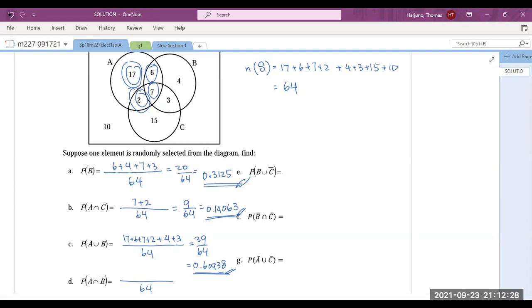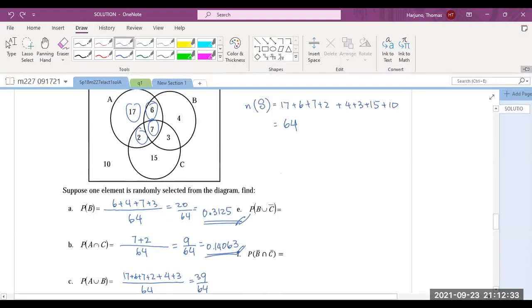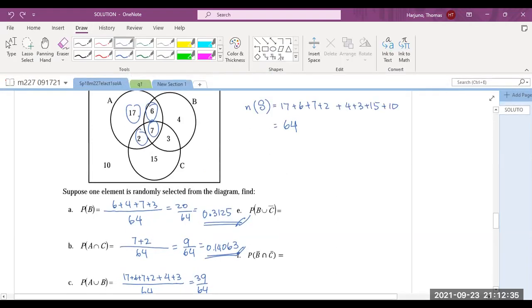Maybe I put it this way so that you can see better. The ones I circle here are in A. The ones I circle next are not in B. These are not in B. Because we need an and, then we need how many circles? The double circle.